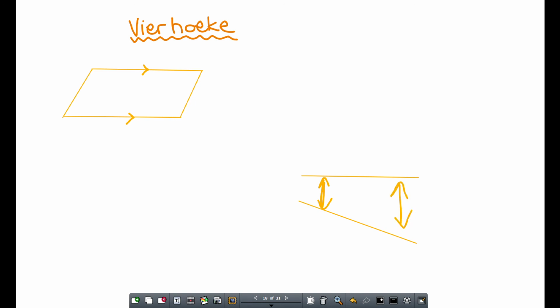Do you guys agree? Okay, but if I were to do this, can you see now the distance here is the same as the distance there and same as here? So the distance between the two lines are exactly the same. So then these two lines are parallel.